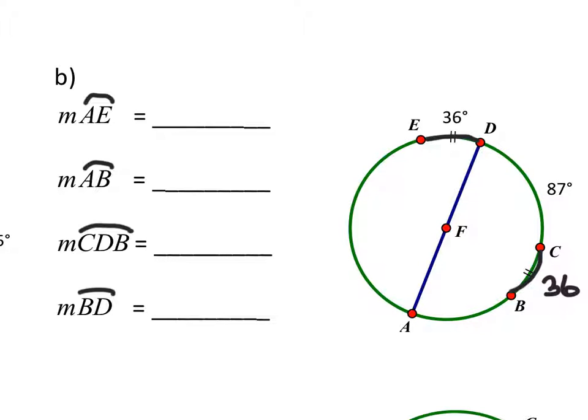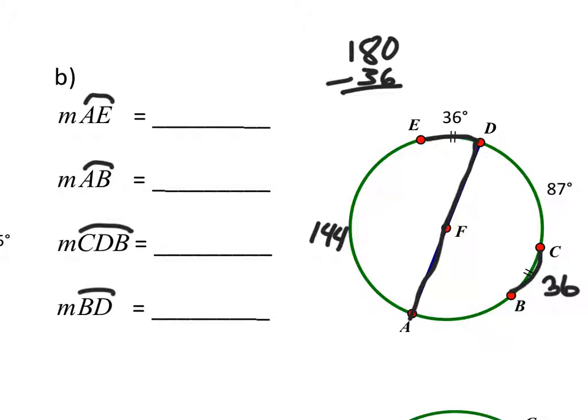Then I know that I have a diameter AD, and the semicircle is 180 degrees because it's 360 divided by 2. So I can find AE by doing 180 take away the 36, and that equals 144. So that's that one right there.